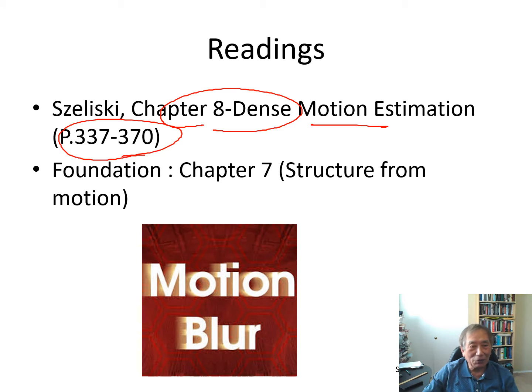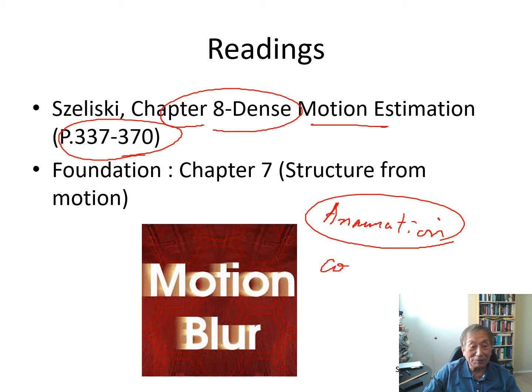By the way, the word animation is like a cartoon or some hand drawing of something moving. Animation actually means come to alive. That means it looks like it is alive.